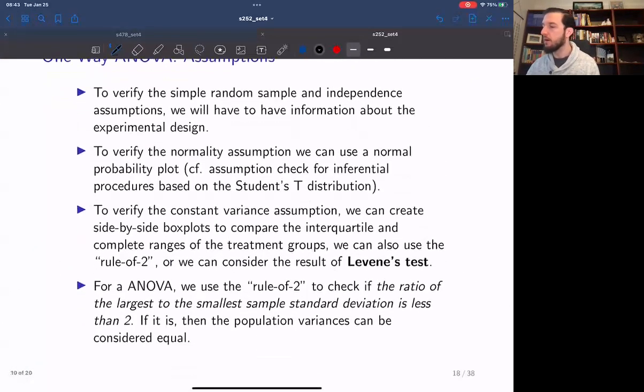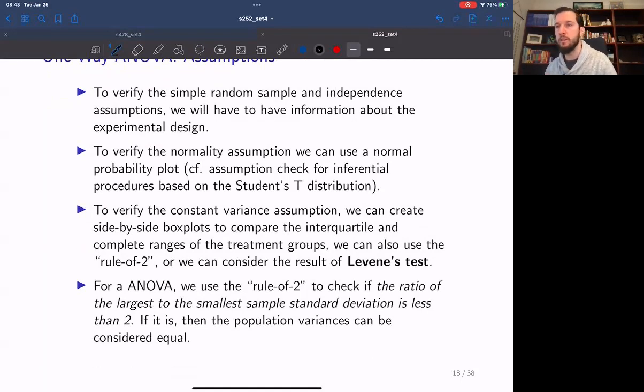All right. So just like before, we will need to check these assumptions. To check the simple random sample and the independence assumptions, we have to know where the data came from, just like when checking the simple random sampling assumption in the previous lecture sets.